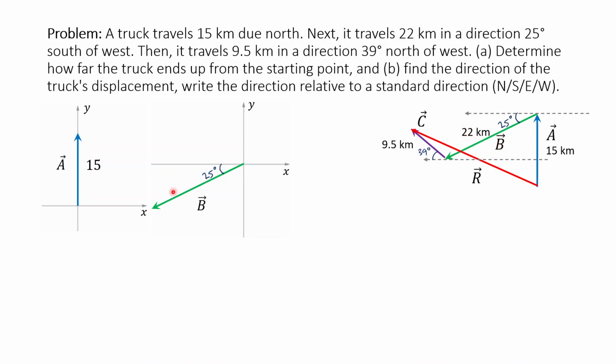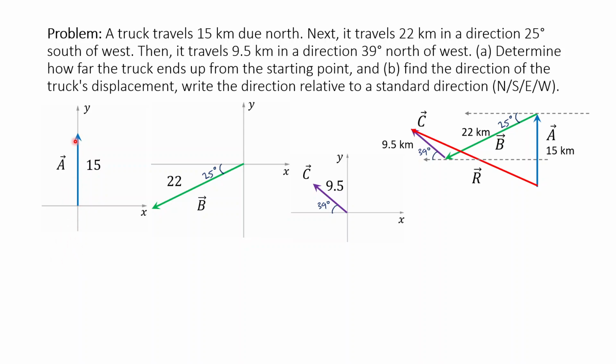Magnitude is 22 kilometers. Now this one, this angle is 39 degrees. Magnitude is 9.5 kilometers. Now let us find the components of these vectors.